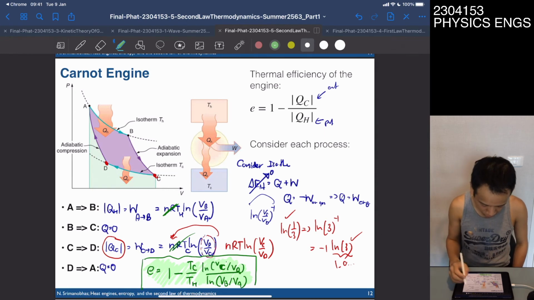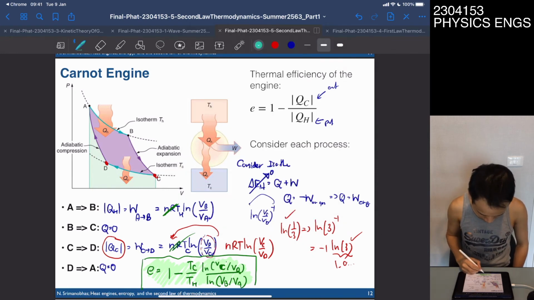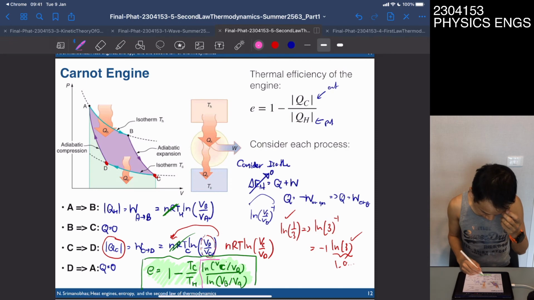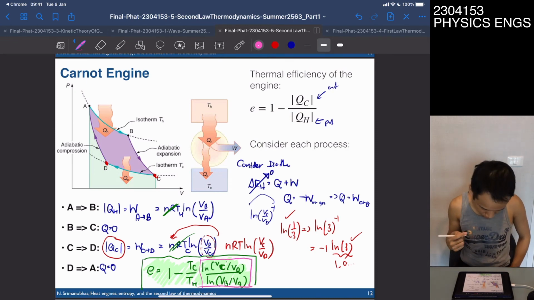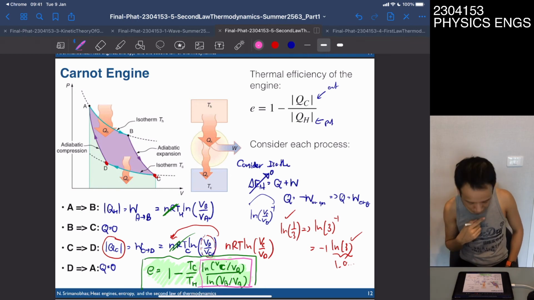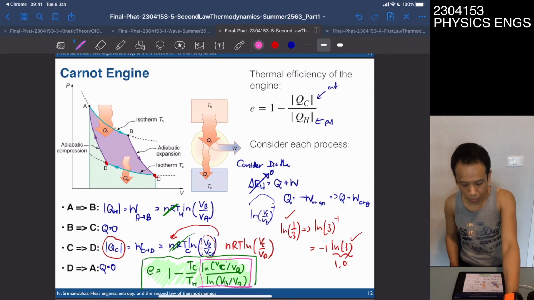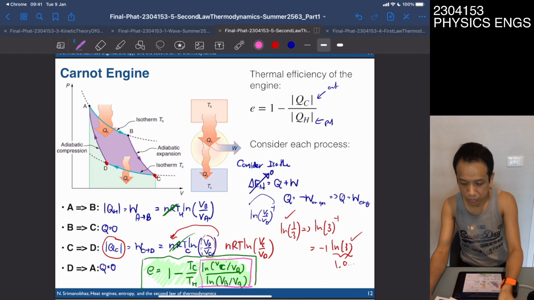So what you would like to do is play with this term a little more. What is the value of the natural log of VC over VD divided by the natural log of VB over VA?